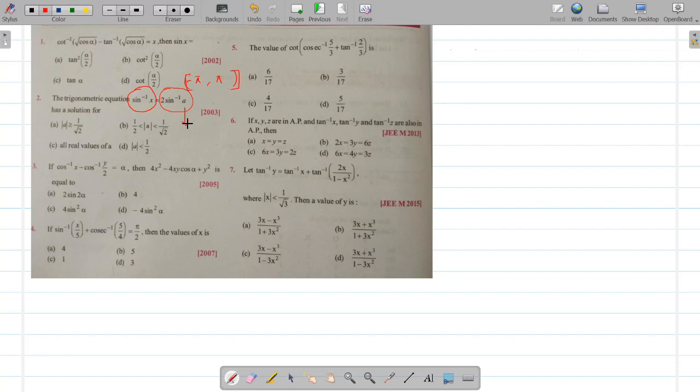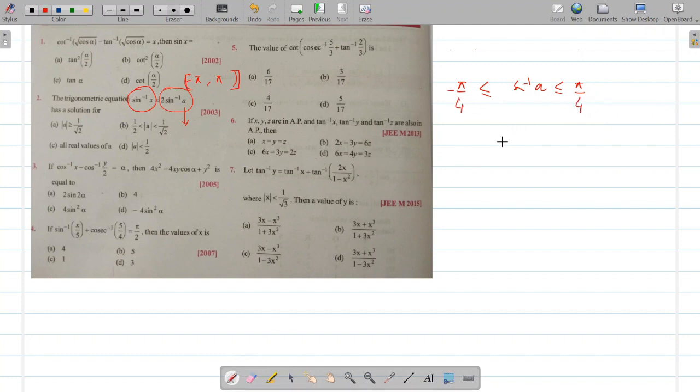So we'll have to restrict a so that 2 sine inverse of a must remain between minus pi by 2 to plus pi by 2. Or we can remove the 2 and write here pi by 4.